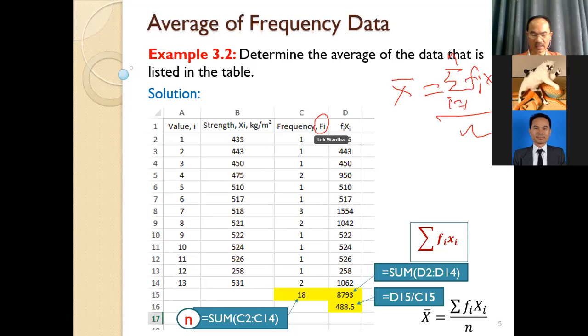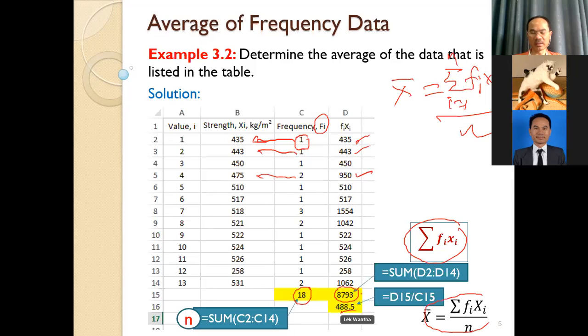Okay, fi xi. This way you modify, you get this, and also you get this. And then this is the summation of fi xi, and then divide by 18, you get the average.